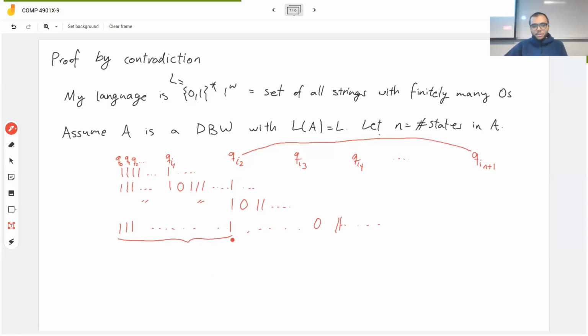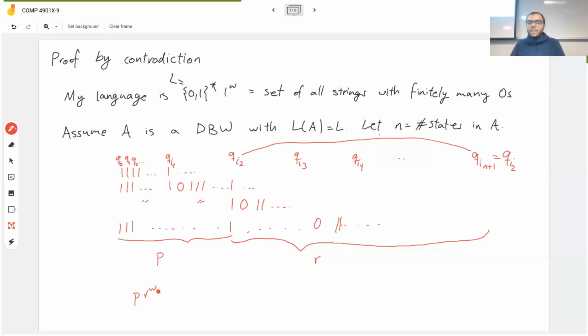And then from Qi2, I could run this string and I could get back to Qi2, to the same place. So let's call this prefix P, and let's call this part here, which cycles from Qi2 to itself, R. Now consider this string, P R omega, which means that I first do P, and then I just keep repeating R.